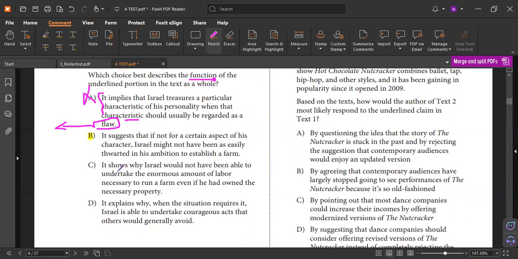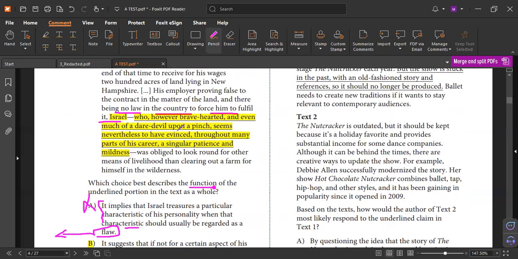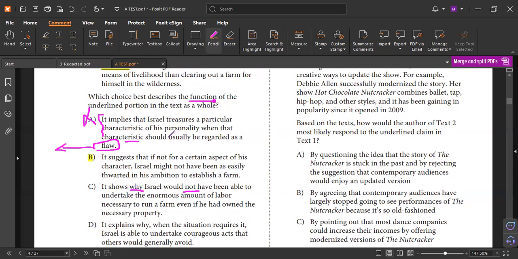Look again: it shows why Israel would not have been able to undertake an enormous amount of labor. He didn't mention that he is not able to work hard or be responsible for much work, so it's not supported.